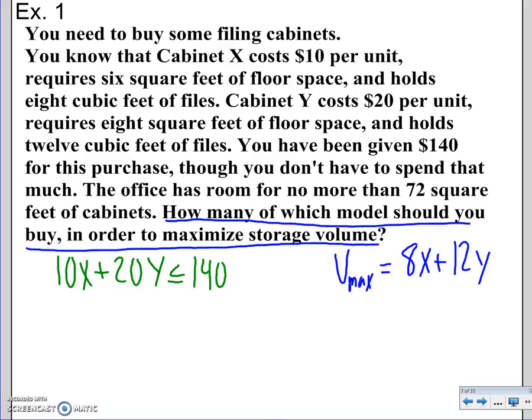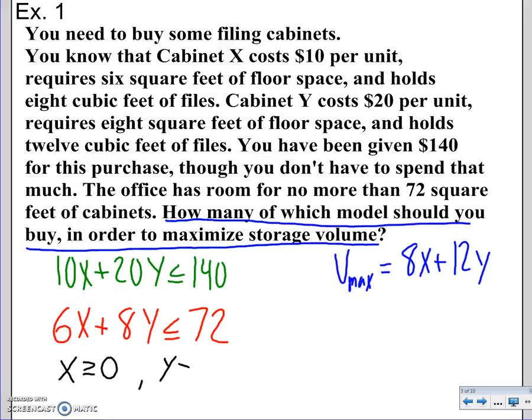X takes up 6 square feet each, and Y takes up 8 square feet each, and our limit here is no more than 72. The last two that people usually forget: X has to be greater than or equal to 0, because you can't have negative cabinets. Same for Y, Y has to be greater than or equal to 0. So I'm going to graph all four of those.